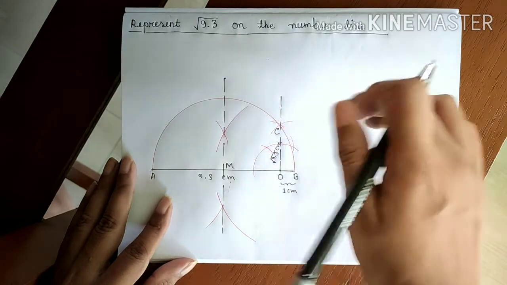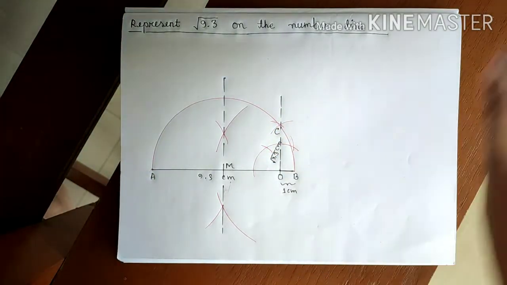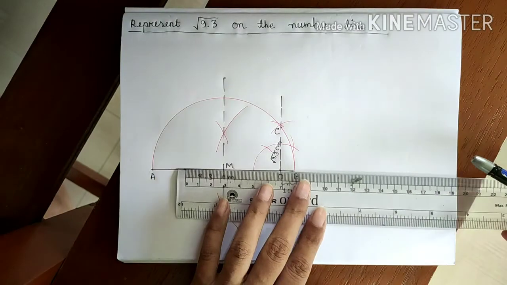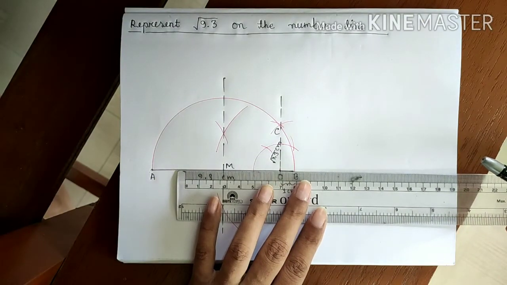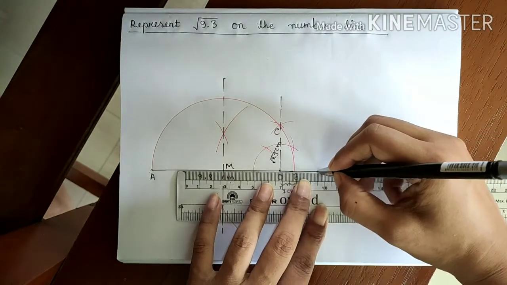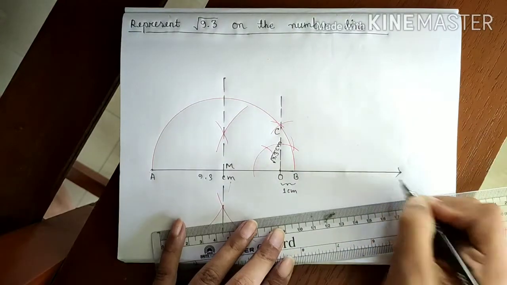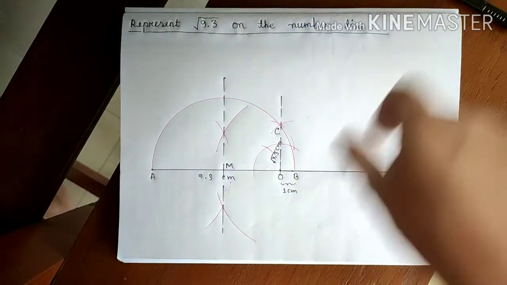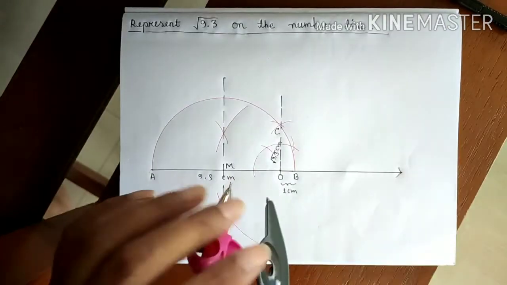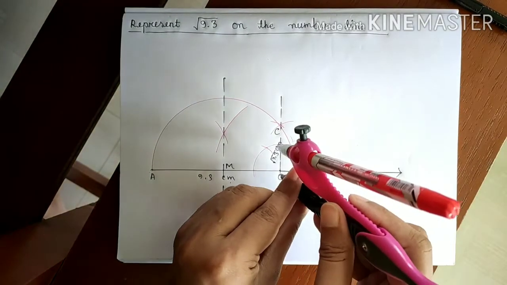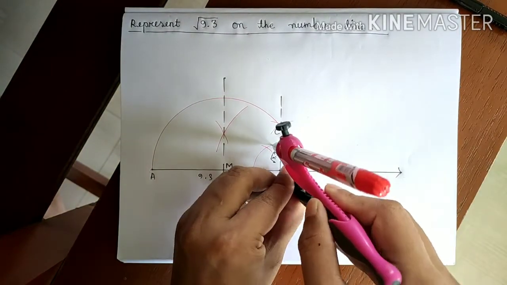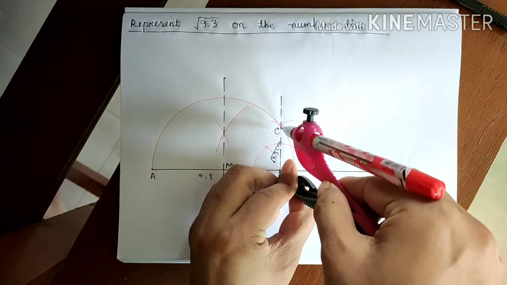So what we'll do now, again we have to extend AB to this point. Take your compass and place it at O. Take the radius of OC.